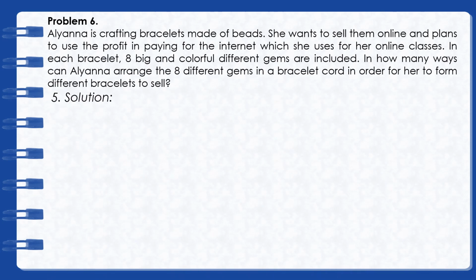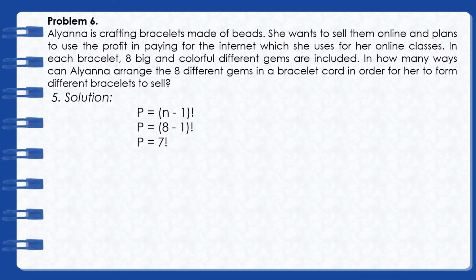So we have here the solution, and our circular permutation formula is equal to the difference of n and 1 factorial. The given is 8, so the difference of 8 and 1 factorial is equal to 7 factorial. Now, I want you to compute for the answer.